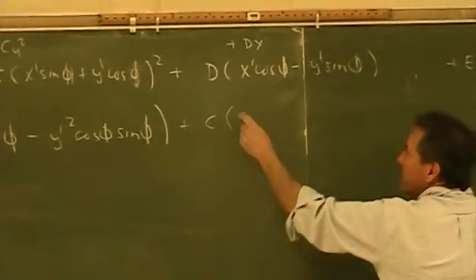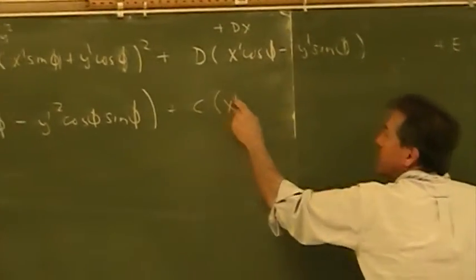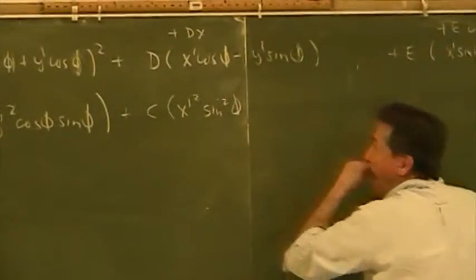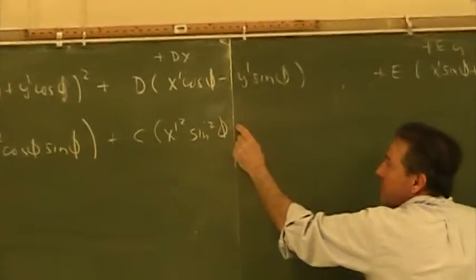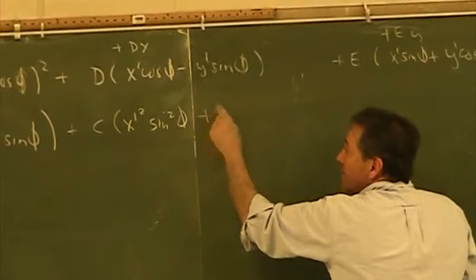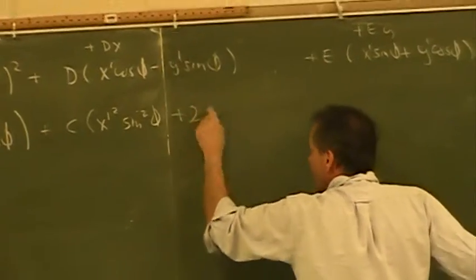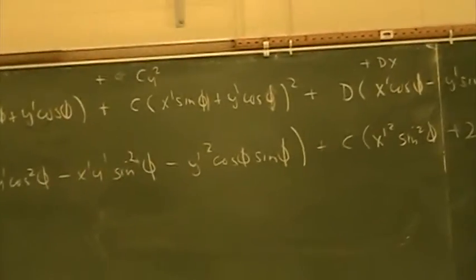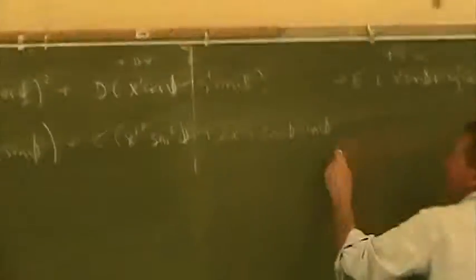Square the first. X plus 2xy sine cosine. X prime, Y prime, sine cosine. Gotta know where we are. We squared that. We doubled the product.